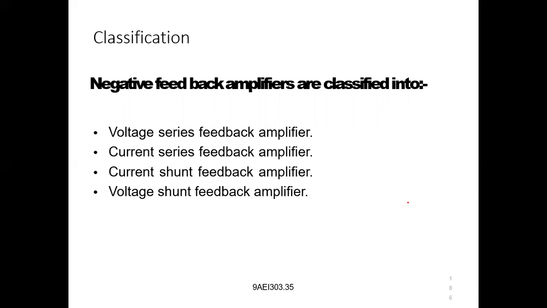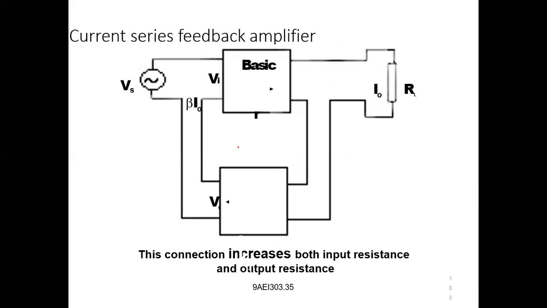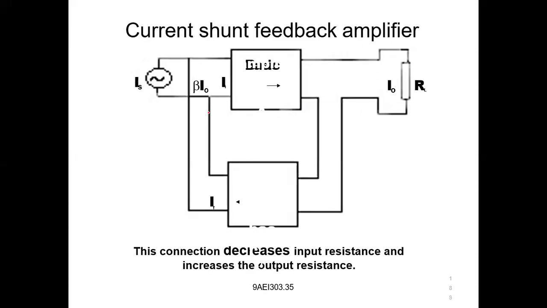In the voltage series feedback amplifier, we take the voltage and give it to the series connection. Series means current, always connected inline, but shunt means parallel, as well as voltage. Next is current series, where we take a current and give it to the series connection.